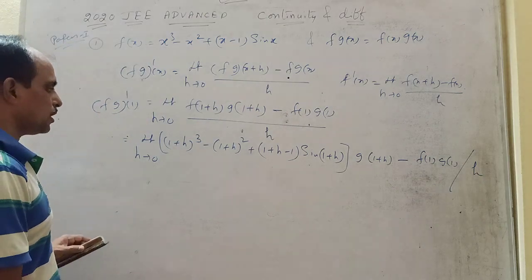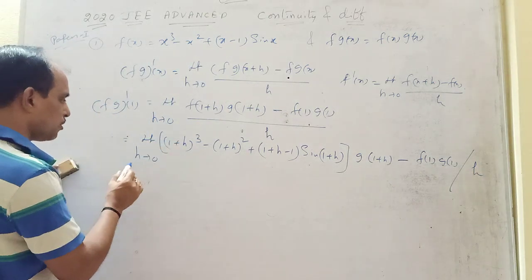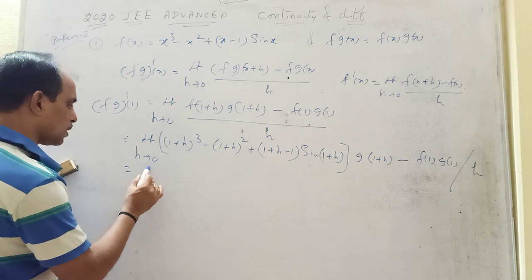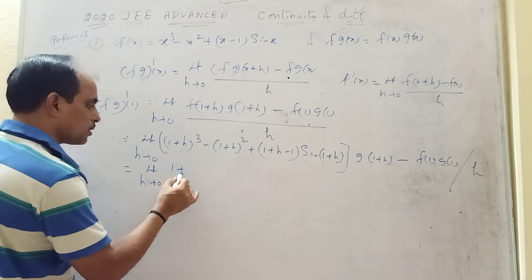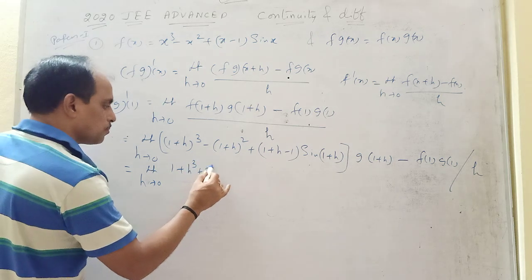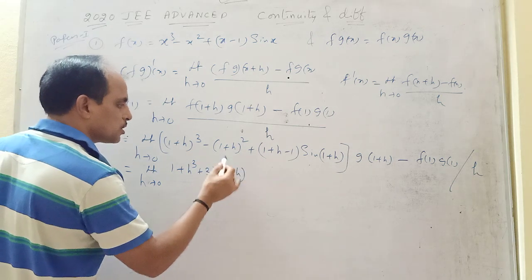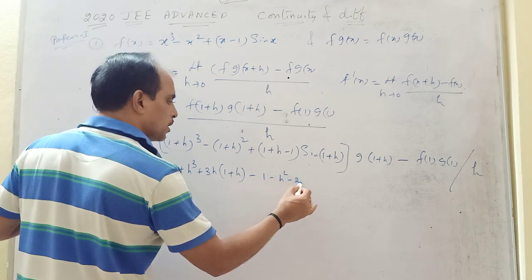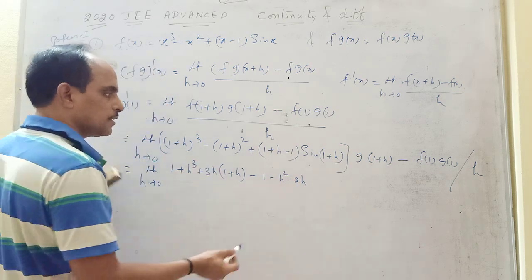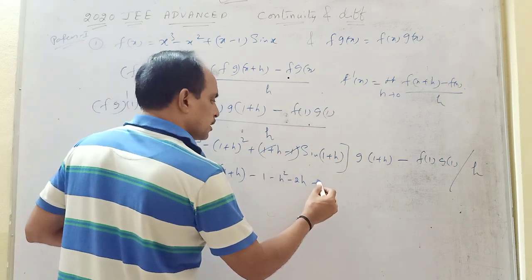Now, by expanding, we get the limit as h tends to 0 of: 1 plus h whole cube means 1 plus h cube plus 3h into 1 plus h, and this one is 1 minus h square minus 2h, because of the minus sign. Now the 1 cancels.